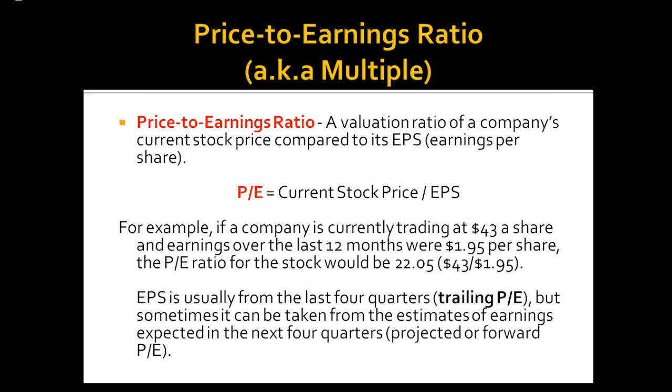Okay, PE ratios, otherwise known as the multiple. I know Jim Cramer loves to use the word multiple, but when you hear that, that's what they're talking about. So price to earnings ratio is a valuation ratio of a company's current stock price compared to its EPS. Okay, so the formula is PE equals current stock price divided by the EPS.